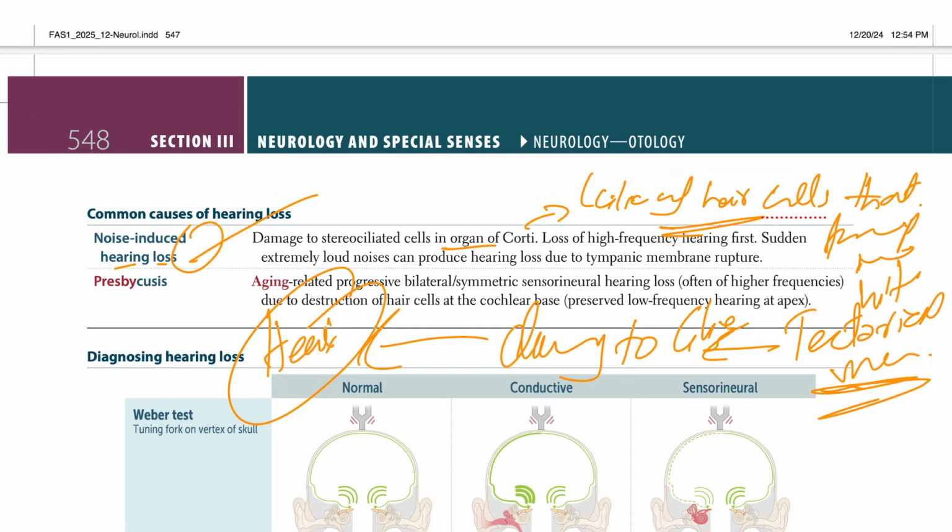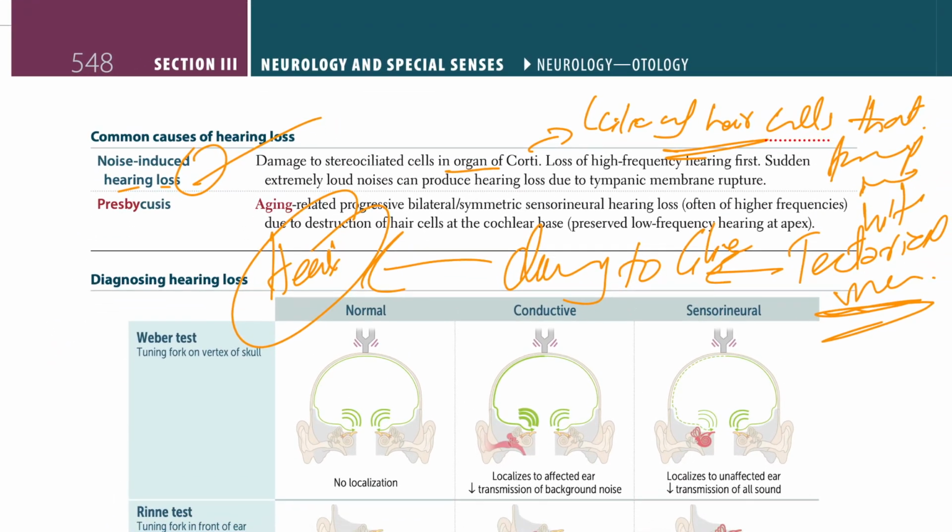So the tectorial membrane is, let me just draw it quickly. So we have these hair cells, right? And these hair cells have the cilia up top. And up top, we have this membrane known as the tectorial membrane.